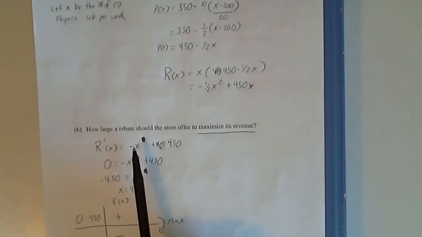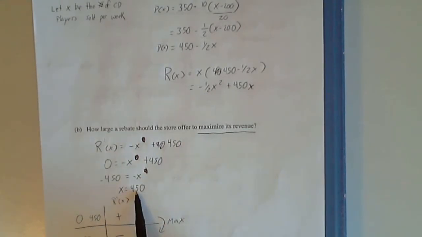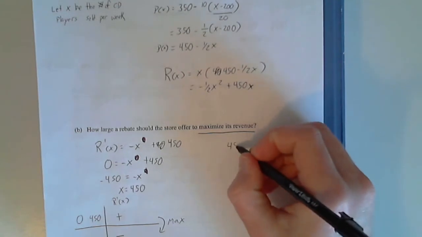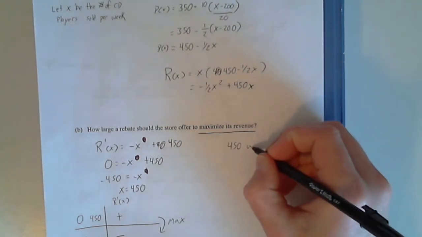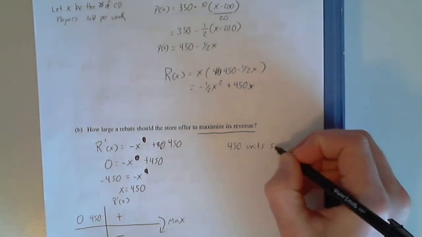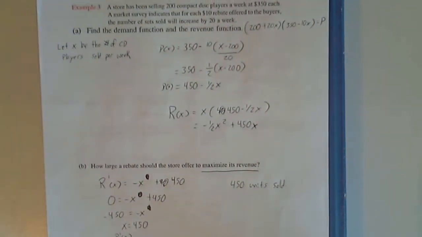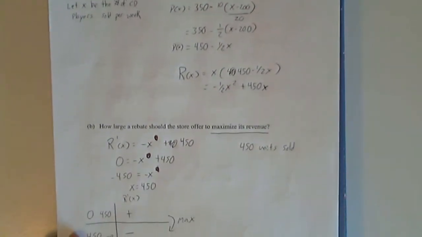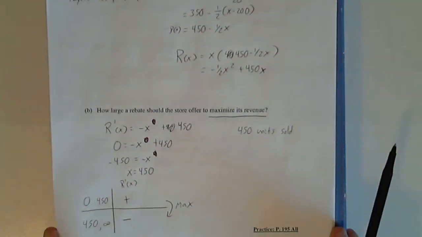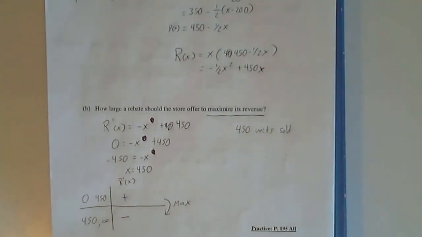Now, this wasn't our actual answer. This means that you need to sell 450 units. So you now need to actually find what the rebate should be. You could sub that in a couple of different ways. Actually, you should probably pause this and try to problem solve how you're going to get to that part of the answer first.